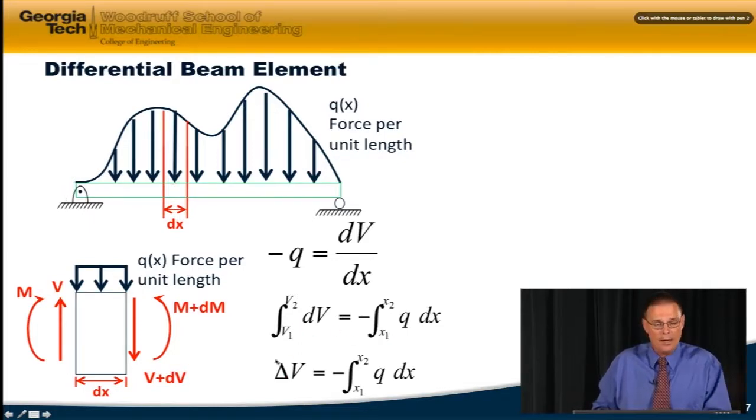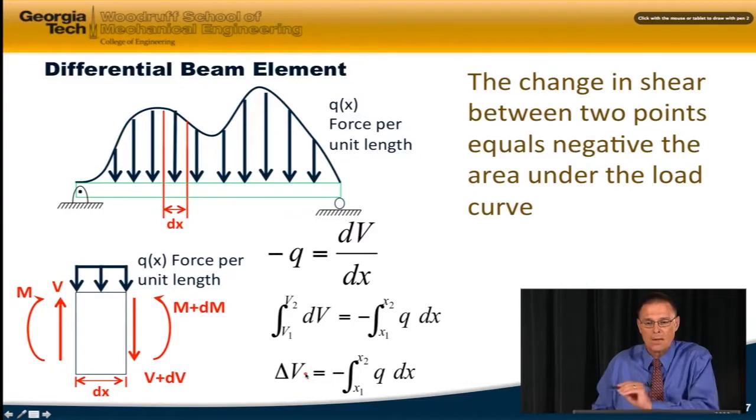And when I do that, I find that the change in shear over that distance is equal to the negative integral of the load dx. And so that says the area under the load curve is equal to the change in shear, and again I've written that in words.